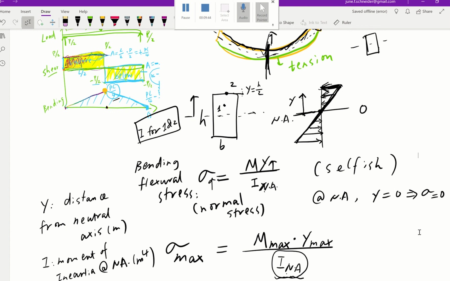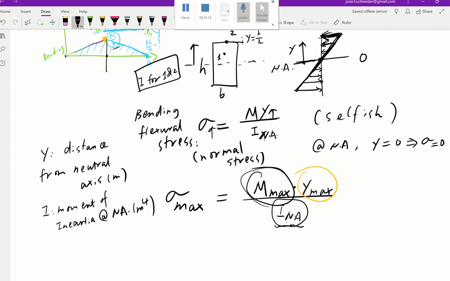Regardless of your point of interest, this cross section has the same moment of inertia about the neutral axis. What's different is that different points have different y locations, while I stays the same. I hope I explained that clearly enough.